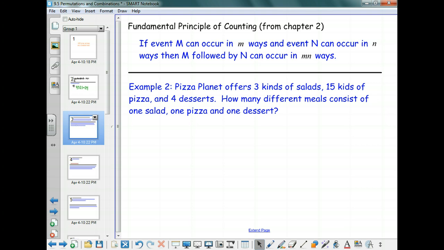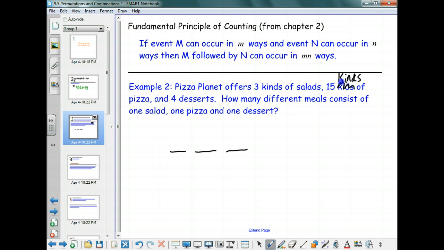All right, Pizza Planet. Pizza Planet offers 3 kinds of salad, 15 kinds of pizza, and 4 desserts. How many different meals consist of 1 salad, 1 pizza, and 1 dessert? What the fundamental principle of counting does for us is it allows us to see how we would put this all together.